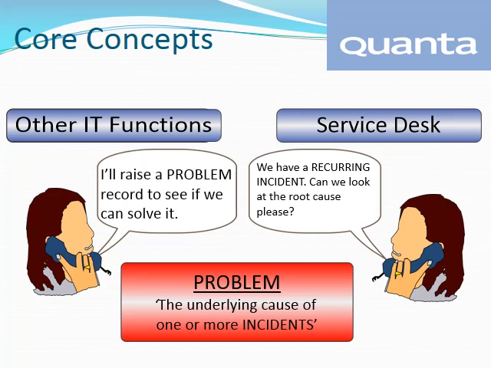They're separate things. The incident is the effect, the problem is the cause, and we manage them separately in ITIL in order to make sure that we can properly prioritize and resolve issues to service rather than necessarily worrying about trying to solve every problem and put in a full fix for absolutely everything where we may not need to do so.